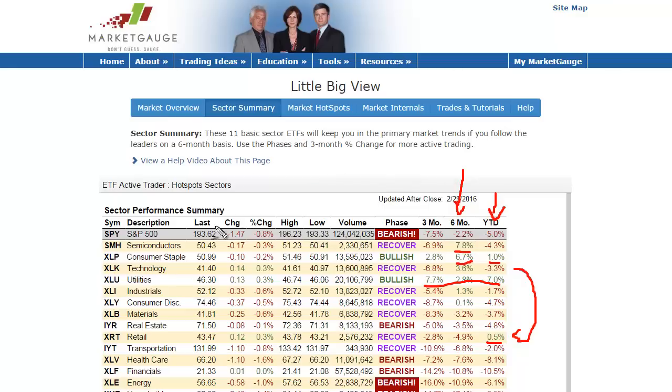So next step, we know that SMH is a place to look, we know XLP is a place to look, and now we know XRT is a place to look. Now, before I can go forward on this, I need to bring in the market watch chart, as I call it.